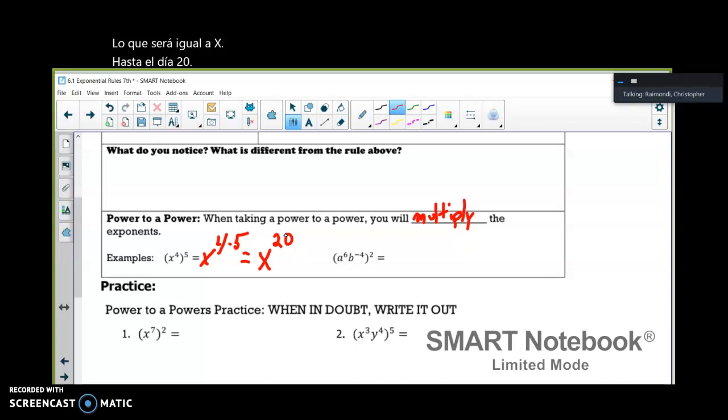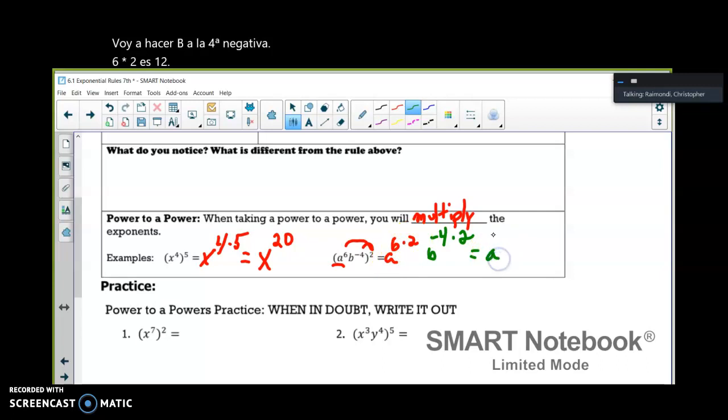In my next example, I have a to the 6th, I have b to the negative 4. That 2 has to go to both. So if I do a to the 6 times 2, I'm going to do b to the negative 4 times 2. 6 times 2 is 12.